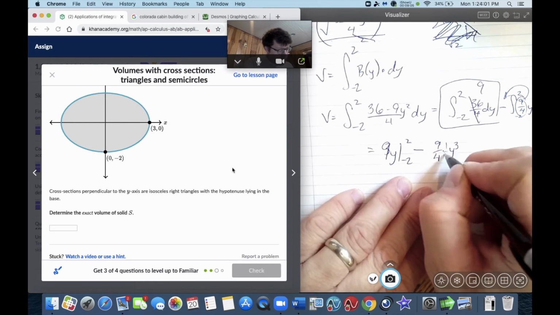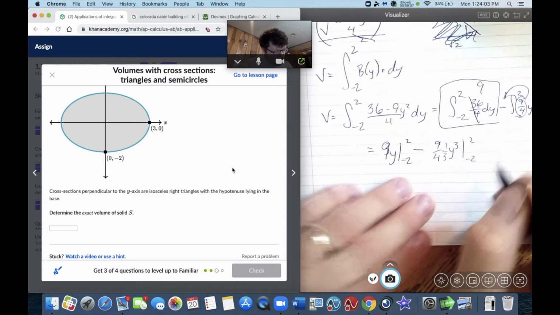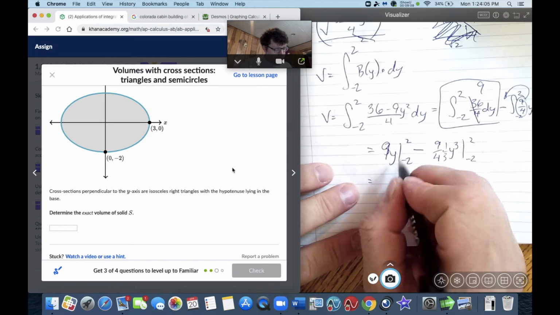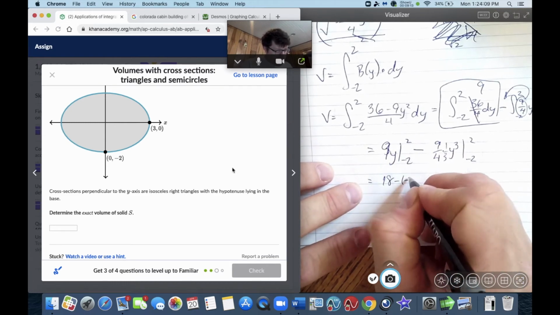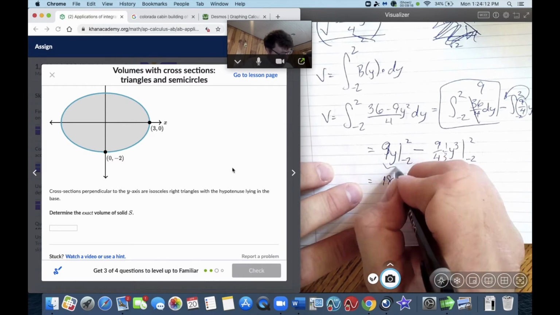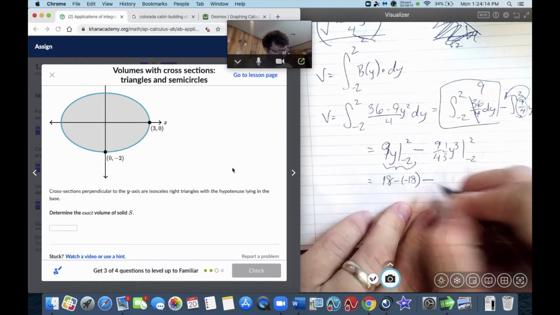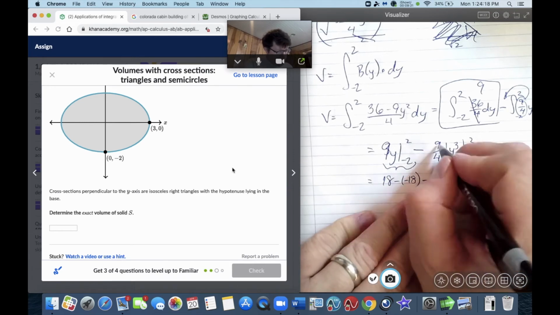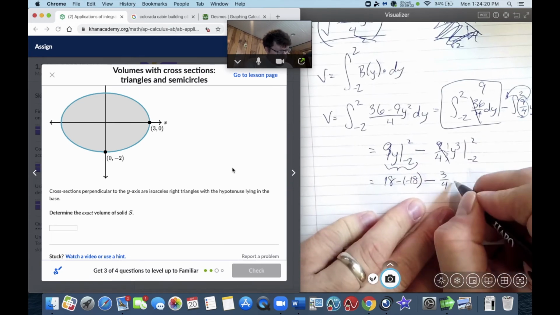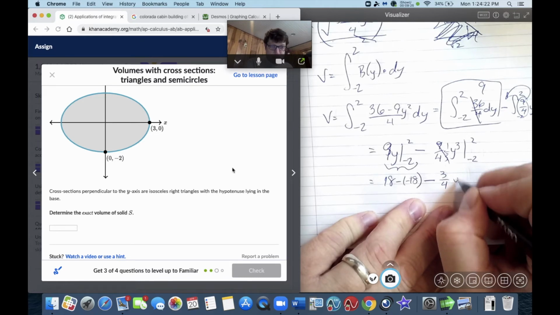So let's rewrite this a little more cleanly. I'm just going to jump into that one right now. 18 minus -18, minus 9/12. 9/12 is 3/4 y to the third from -2 to 2.